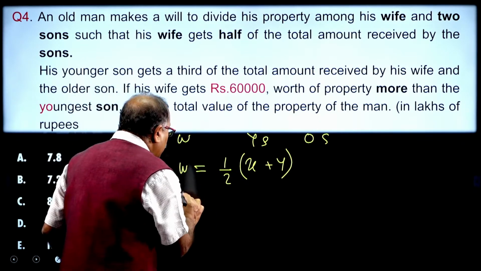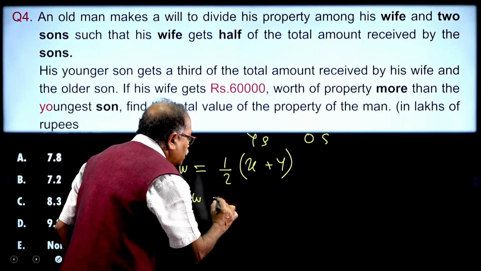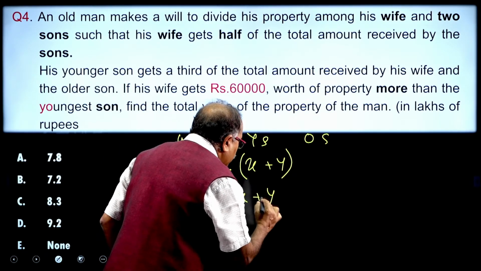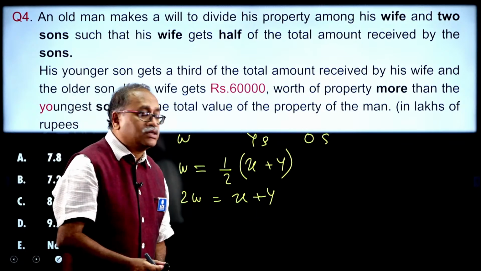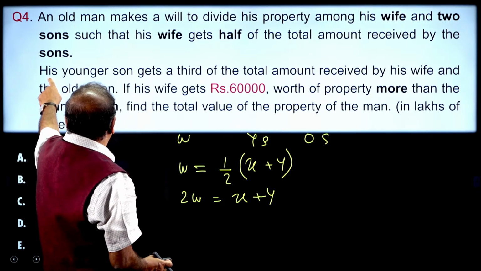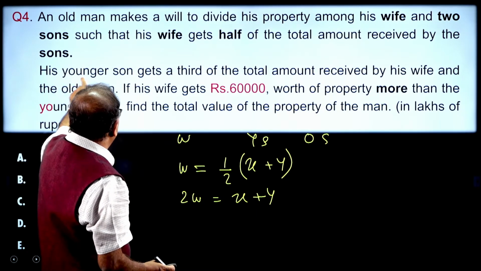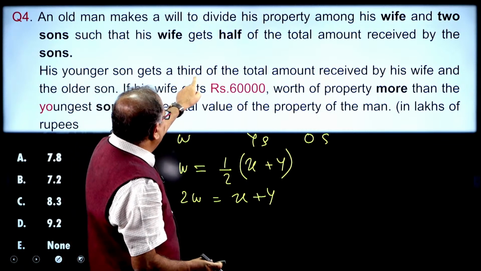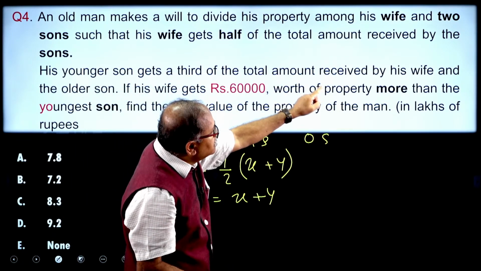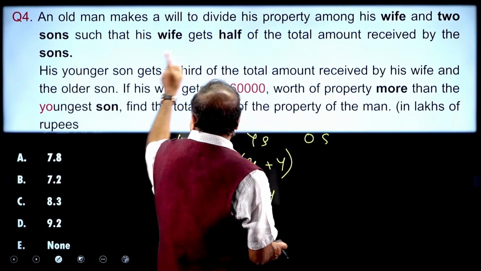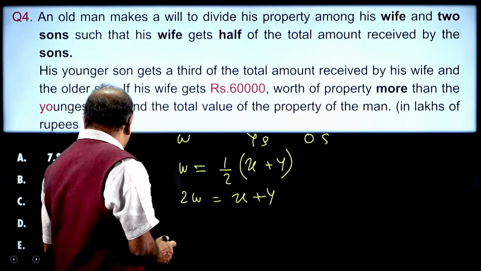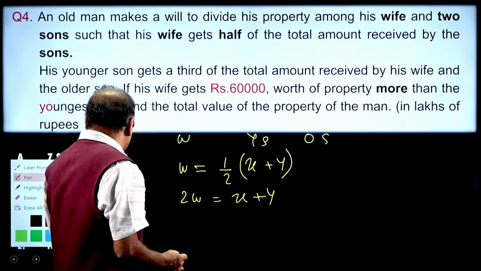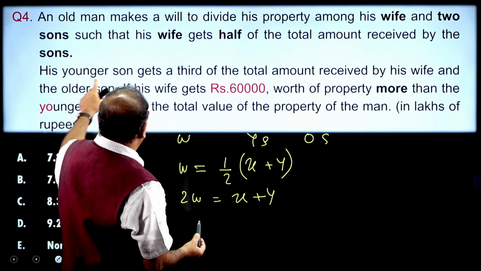So what I noticed is that 2w is equal to x plus y, where x is the older son and y is the younger son. One more relation is given: his younger son got a third of the total money received by his wife and the older son.